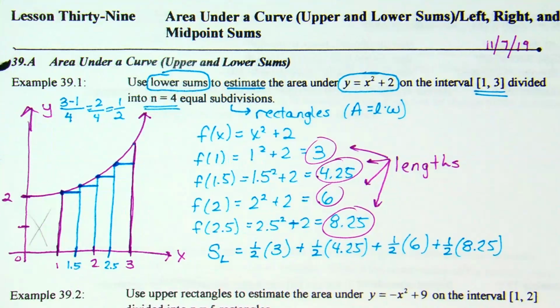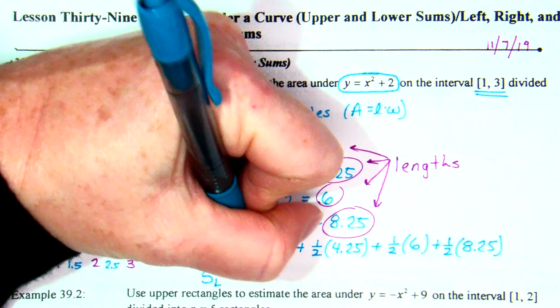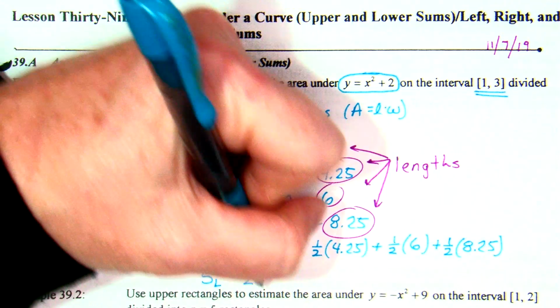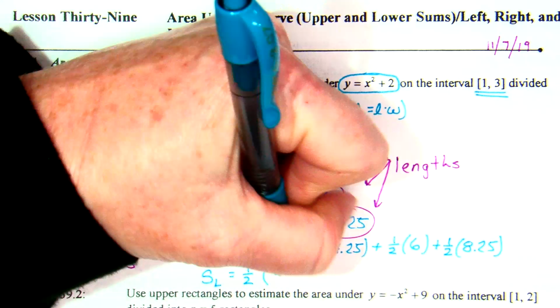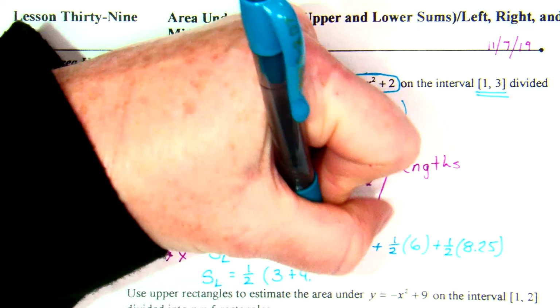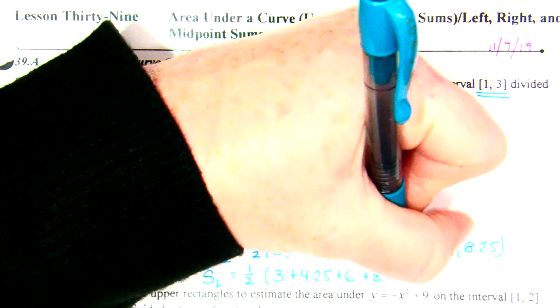Now, that is the only time I'm going to write it out like that. What was in common on all of those? They were all a half, weren't they? What you will normally see me write is I will put the 1/2 out front, the width of the rectangles, and then in the parentheses it's going to be the lengths added. So 3 plus 4.25 plus 6 plus 8.25.